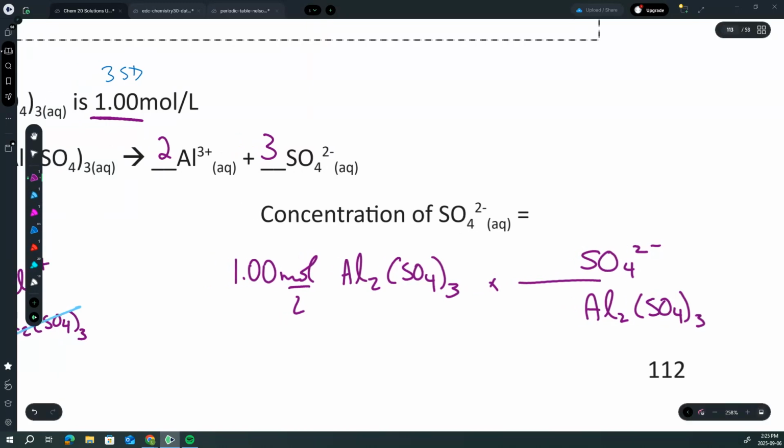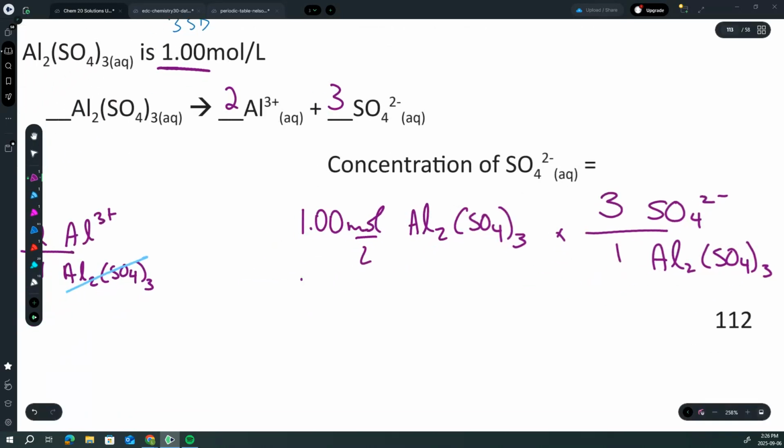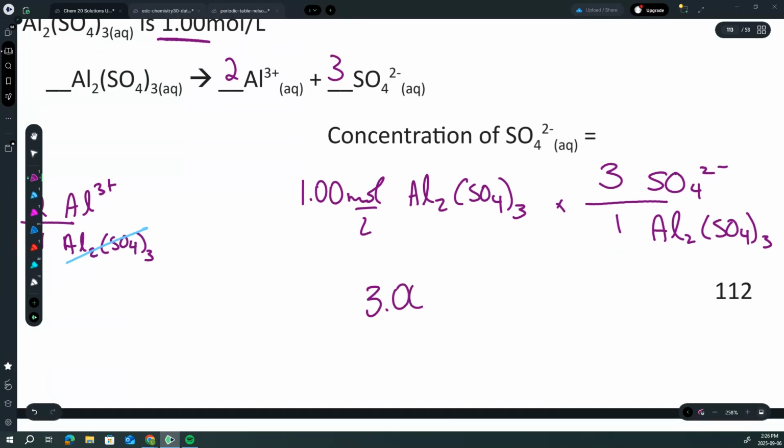The coefficient from the balanced chemical equation for sulfate ions is 3, and for aluminum sulfate it's 1. So we're going 1 times by 3 divided by 1. That's going to be 3 mole per liter.